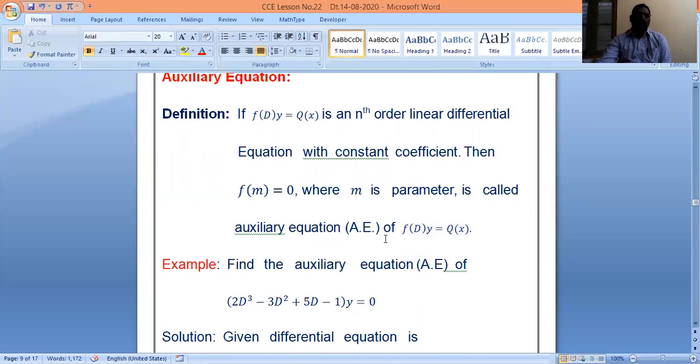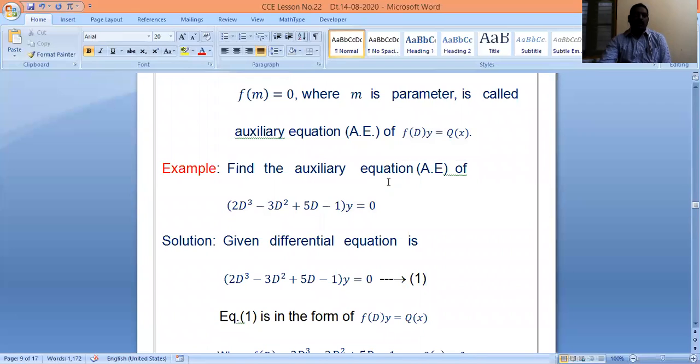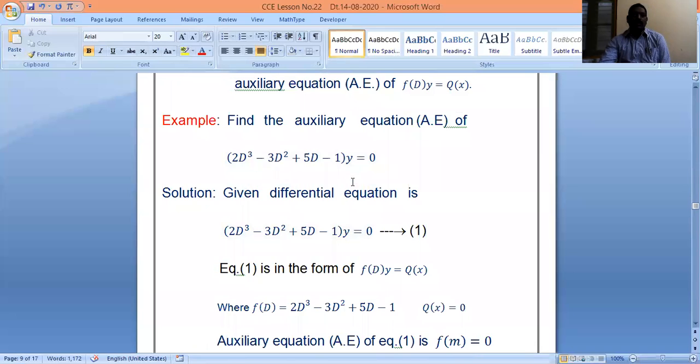For example, find the auxiliary equation of 2D^3 - 3D^2 + 5D - 1 into y is equal to 0. Here the given differential equation is 2D^3 - 3D^2 + 5D - 1 into y is equal to 0. Let this equation be 1.